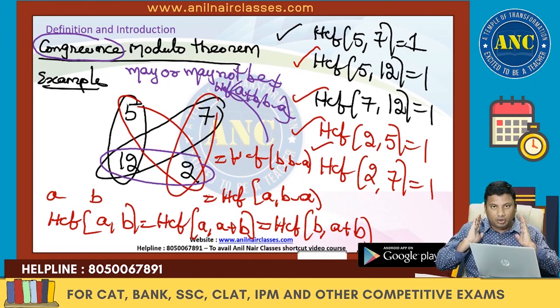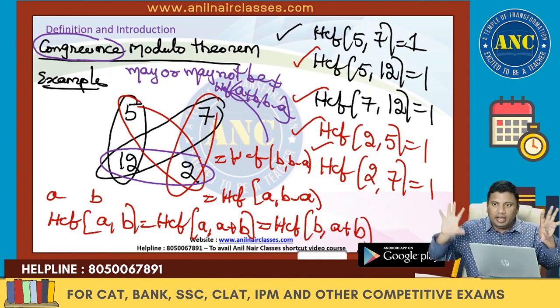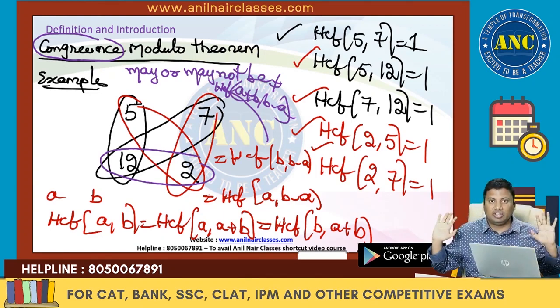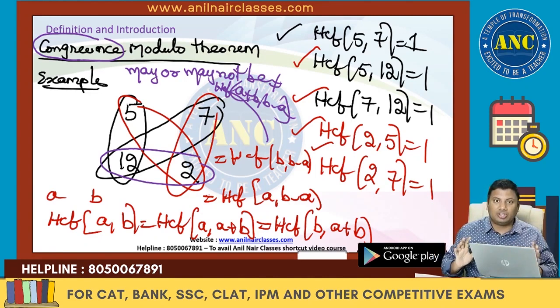Listen carefully to my statement. Take two natural numbers A and B. HCF does not change if you do HCF of A with the sum of two numbers, or B with the sum of two numbers.